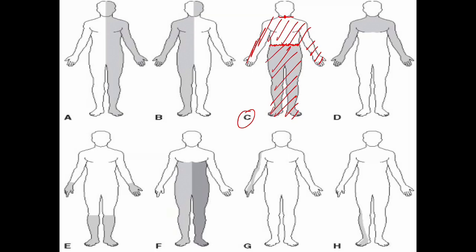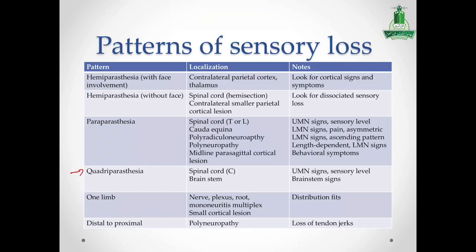So if the lesion occurs at the cervical cord, it will cause quadriparesthesia. However, if it happens at the thoracic or the lumbar cords, it will cause paraparesthesia.